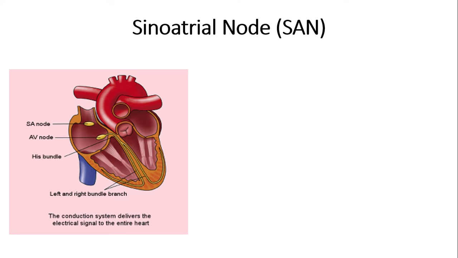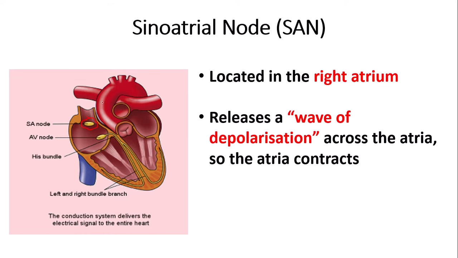So the Sinoatrial Node, or the SAN, is located in the right atrium, as shown here by the diagram. What the Sinoatrial Node does is that it releases a wave of depolarization. Don't worry if you are not familiar with the term depolarization, because this will be covered in much more detail in the nerve impulses section.